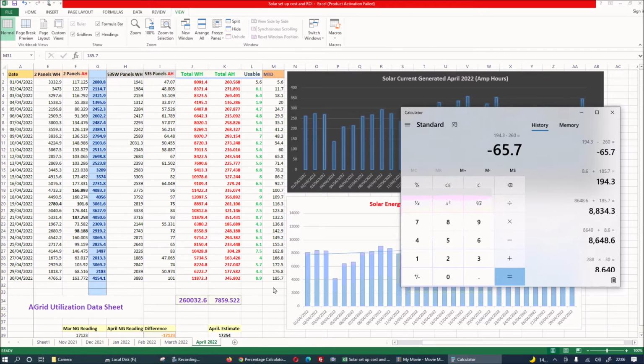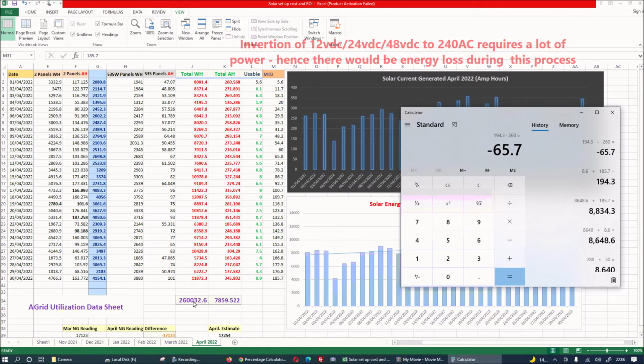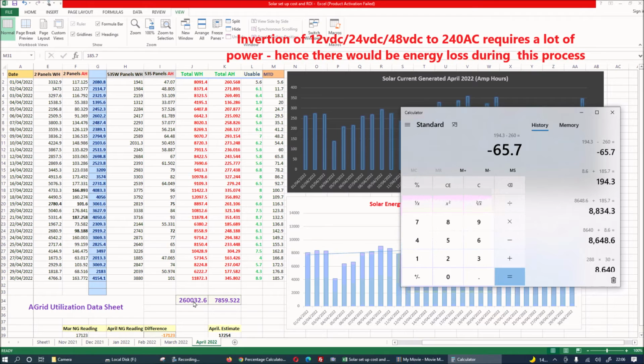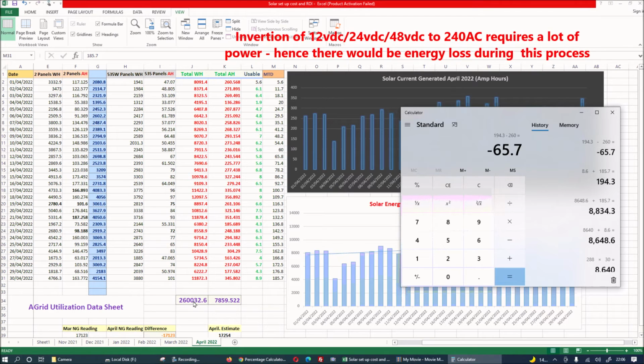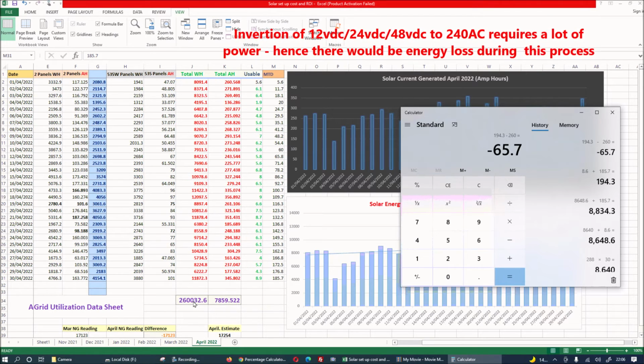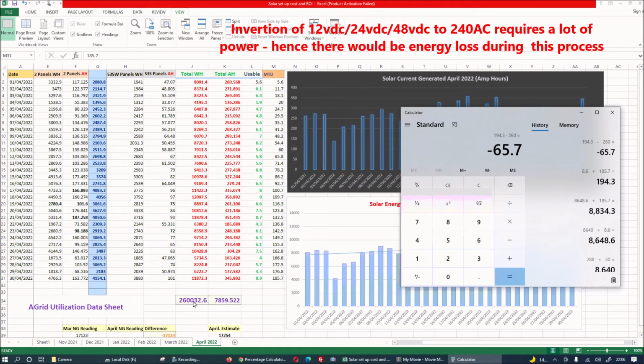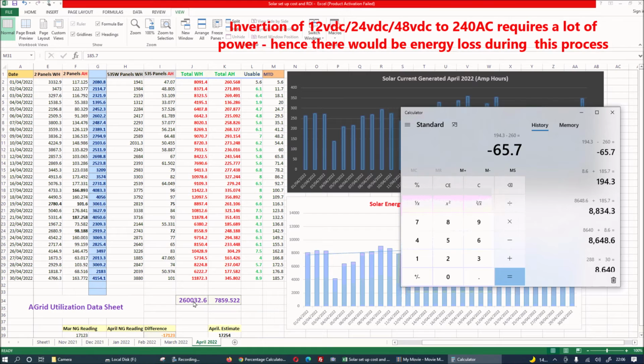And so that's the part where I would say most of the energy must have been wasted. The other thing that I would normally look at is the conversion ratio, because you are converting a 24 volt DC system into 240 volt AC.